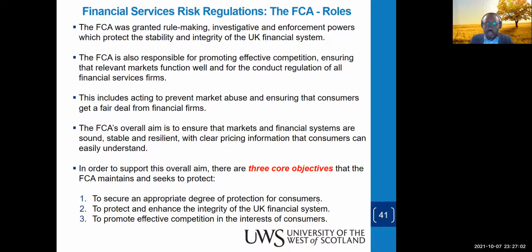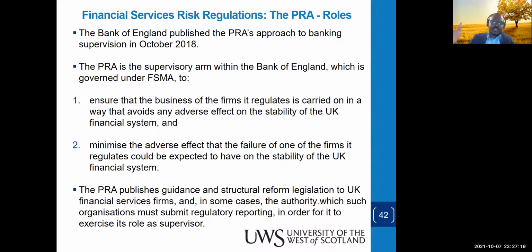And they have three core objectives. One, to secure an appropriate degree of protection for us as customers, to enhance the integrity of the UK financial system, and to promote effective competition in the interest of customers. Okay, so that somebody doesn't undertake some unscrupulous trading activities. Then the PRA, their roles. So the Bank of England published the PRA's approach to supervision in October 2018.